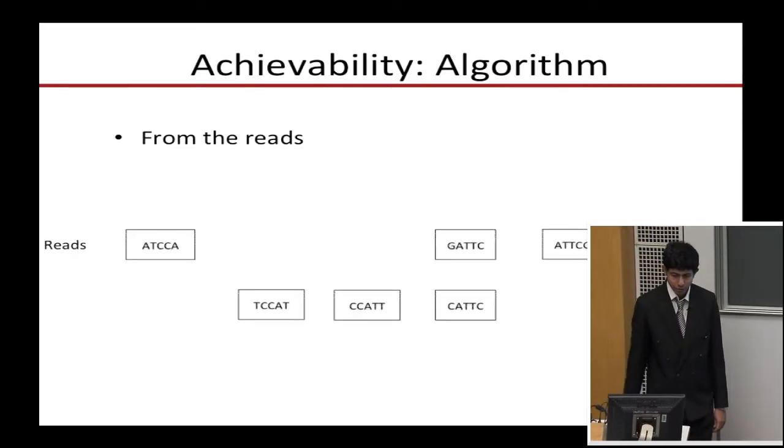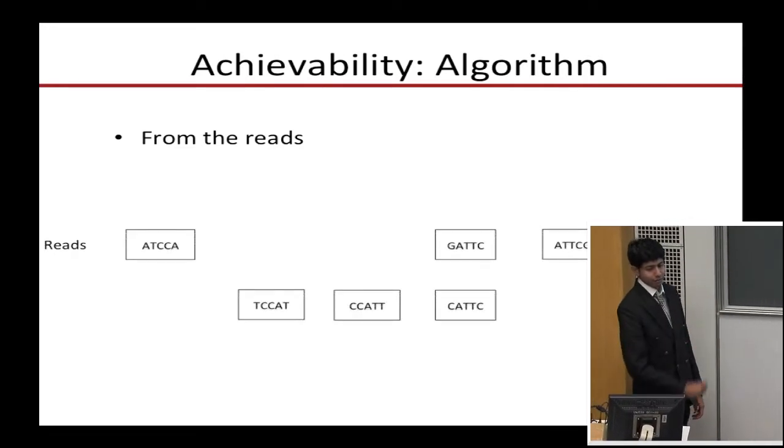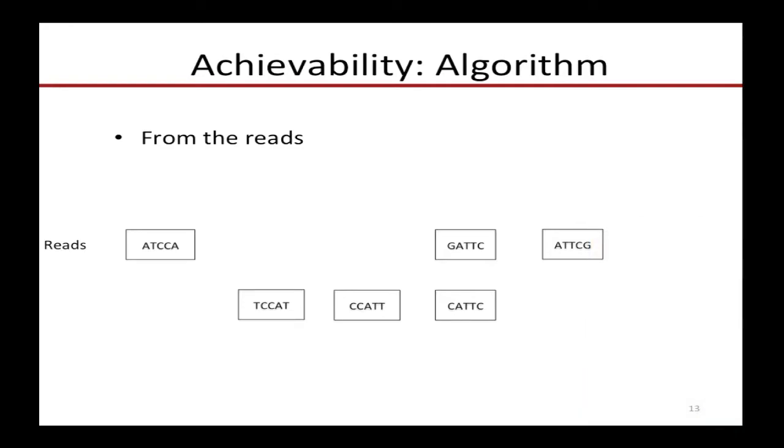So you take the reads, and once you have these reads, so here there are some six reads. How do we make sense of, how do we reconstruct a DNA or RNA from this list of reads? So the basic idea of what you do is to look for overlaps.